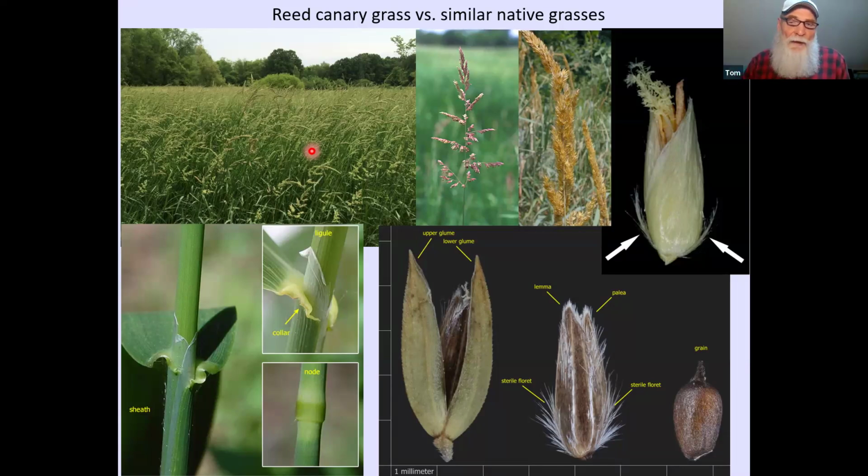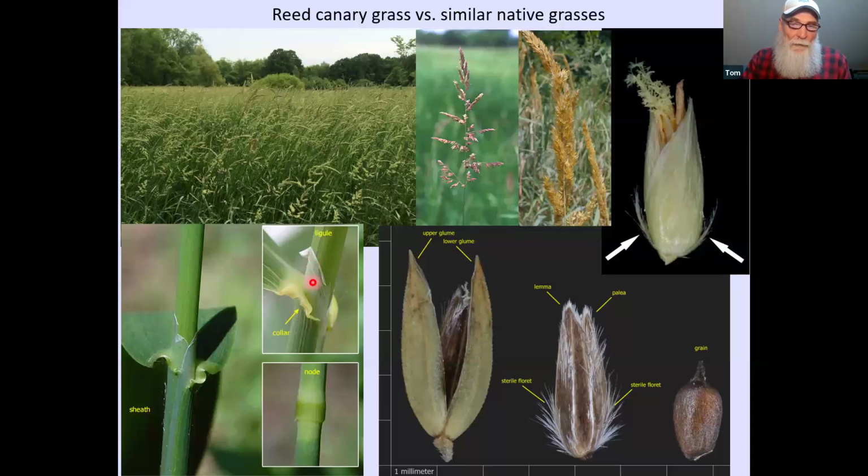This slide shows some of the basic characteristics of reed canary grass. In the lower left is a nice photograph of the really important parts of the grass, right at the point where the sheath, which wraps around the stem, starts at a node and goes up the stem across the internode to some point, and then the leaf blade comes off the top of the sheath.